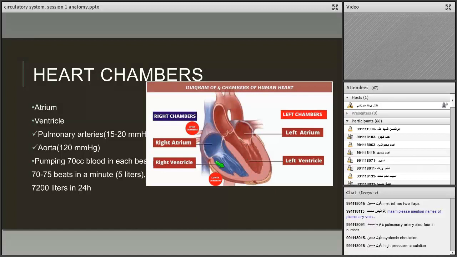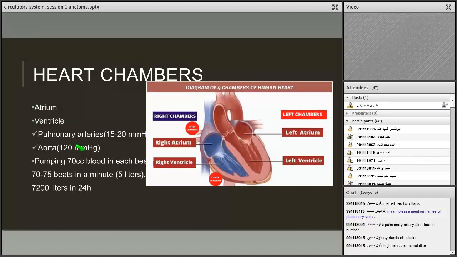The pressure in the pulmonary arteries which comes from the right ventricle is near 15 to 20 millimeter of mercury, but the pressure in the aorta is approximately 120 millimeter of mercury. Okay?